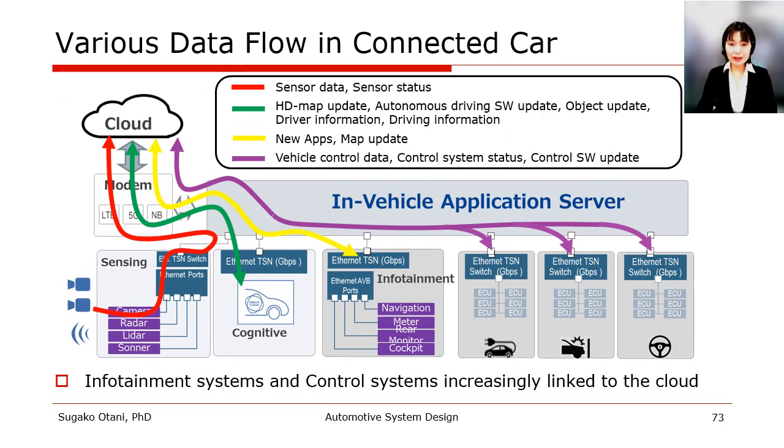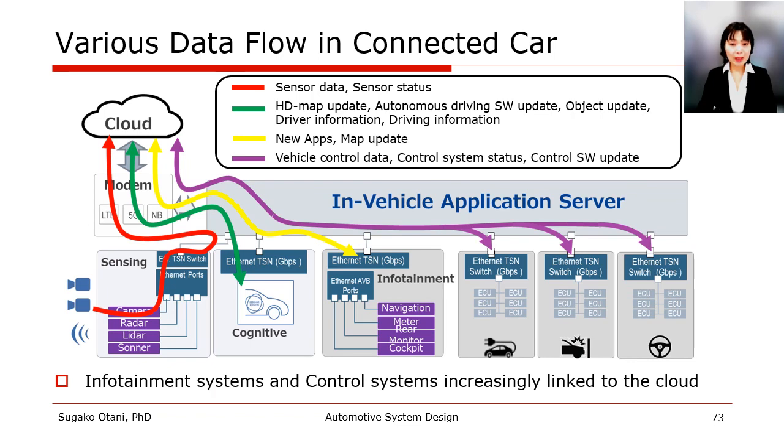In-vehicle information systems and in-vehicle control systems will be increasingly linked to the cloud. This slide shows an example of various data flows in a connected car. There are domains in the automotive system such as sensing, cognitive, infotainment, and vehicle control domains. They are connected to the cloud through an in-vehicle application server. If you look at the data flow, you will find there are many communications between each domain and the cloud.